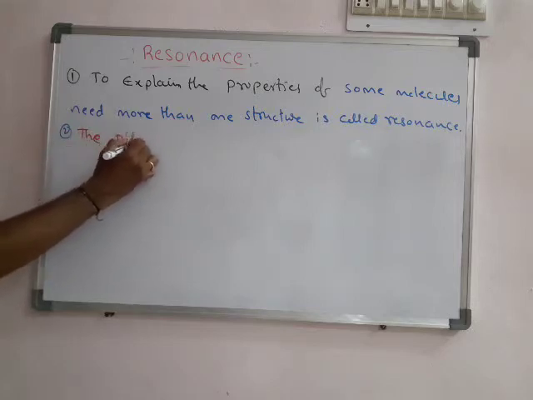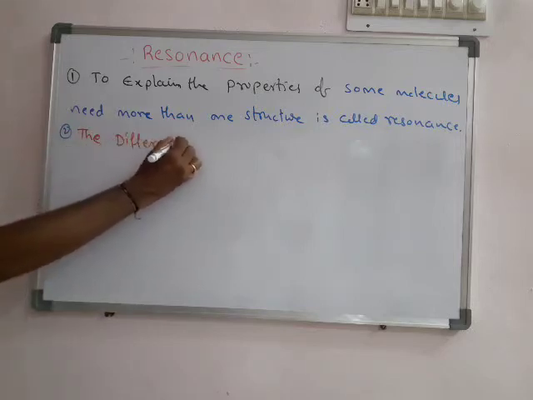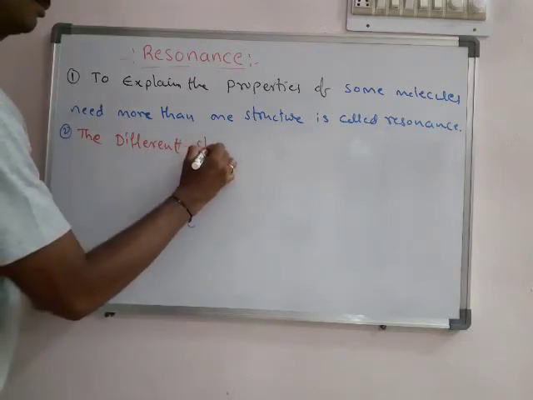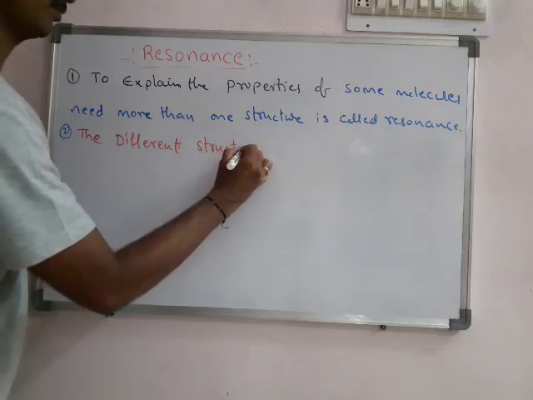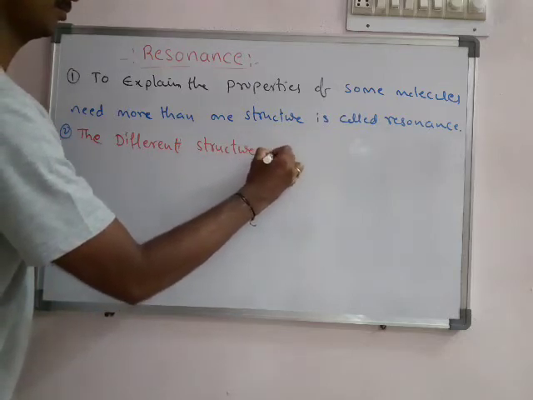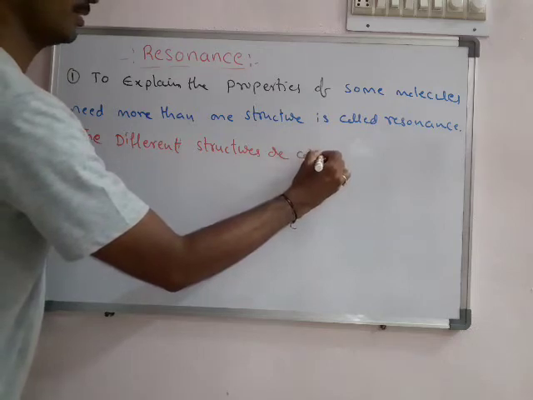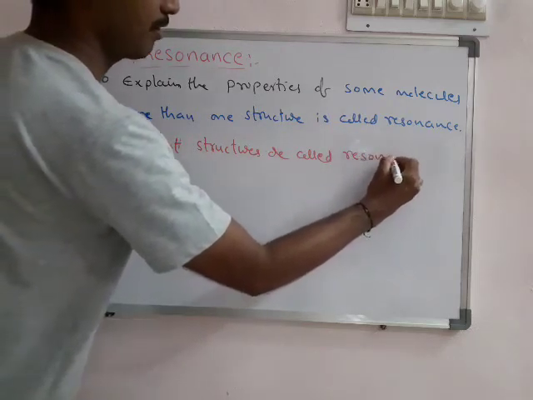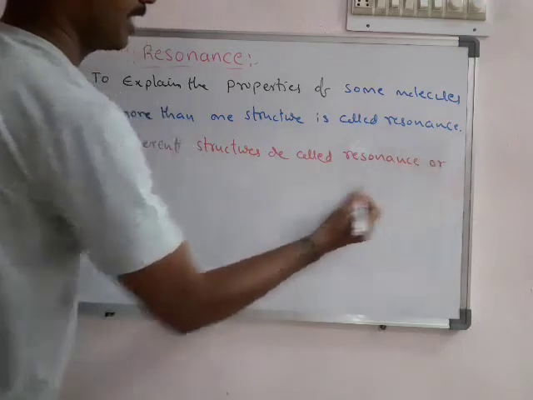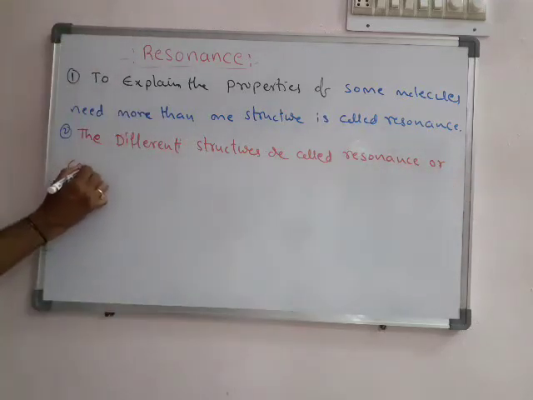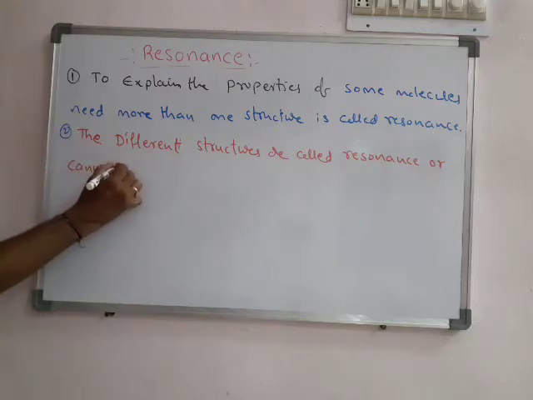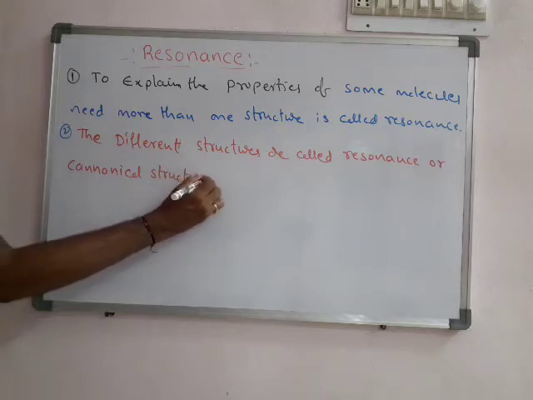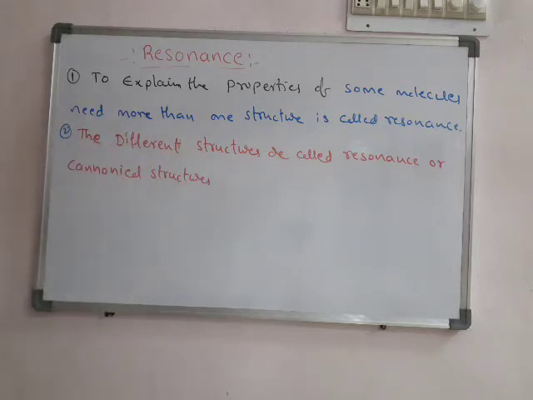So the different structures are called resonance structures, or they are also known by the general term canonical structures. Okay, canonical structures.